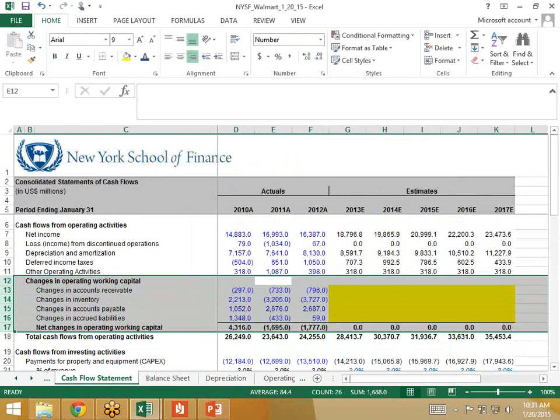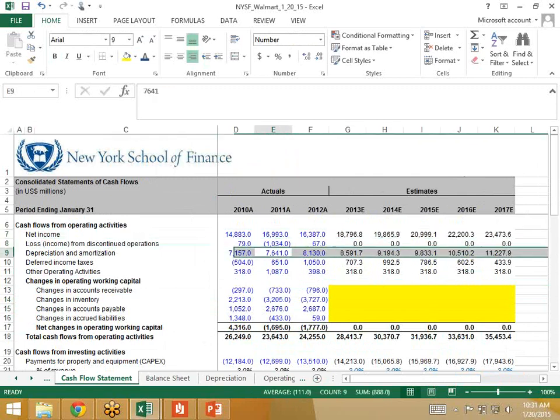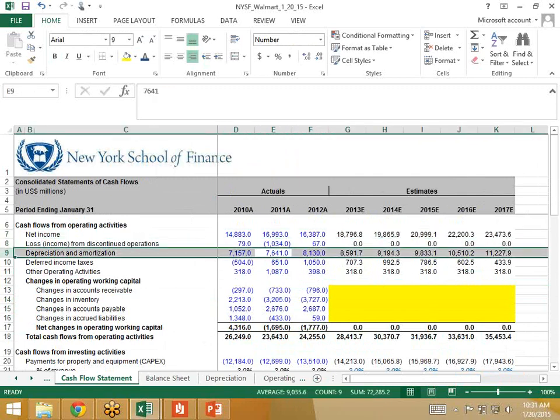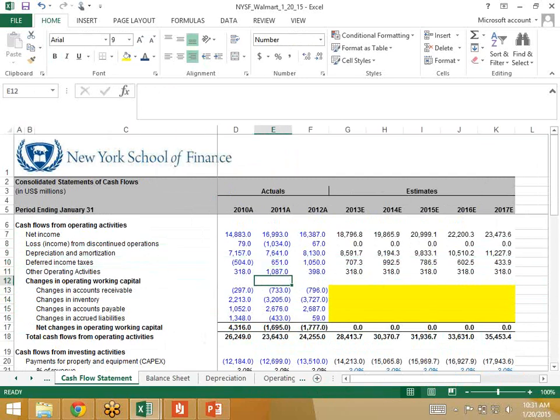One is in modeling, and you've seen this in your DCF. If you have taken modeling courses, you've seen this. There's cash flow from operating activities. Cash flow from operating activities starts with net income, which we have. Here are some other line items. We have depreciation, amortization, deferred taxes, and changes in operating working capital.